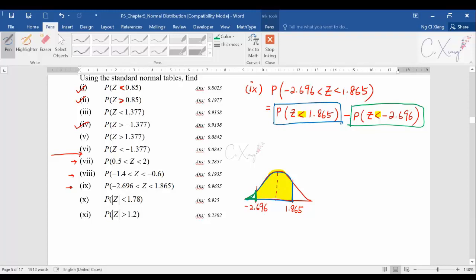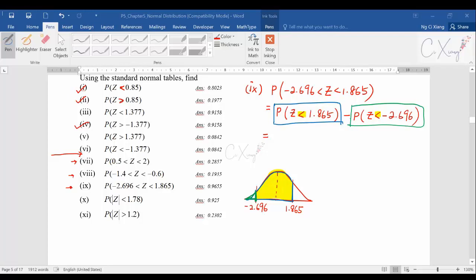Okay, so it applies for all the examples with Z between two values, no matter if it is positive or negative or whatsoever. Then after I write out this step correctly, only then I will continue. What is the probability for Z smaller than 1.865? So maybe you can try to have the table by your side.